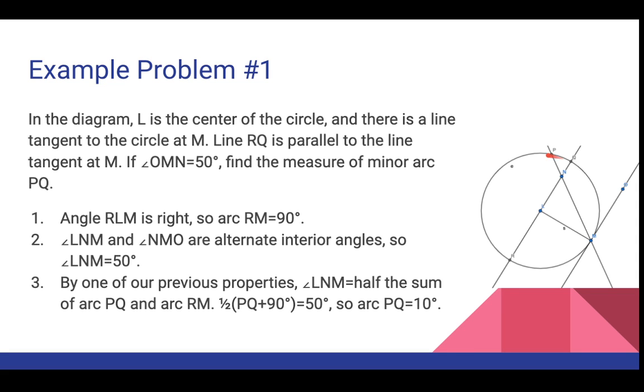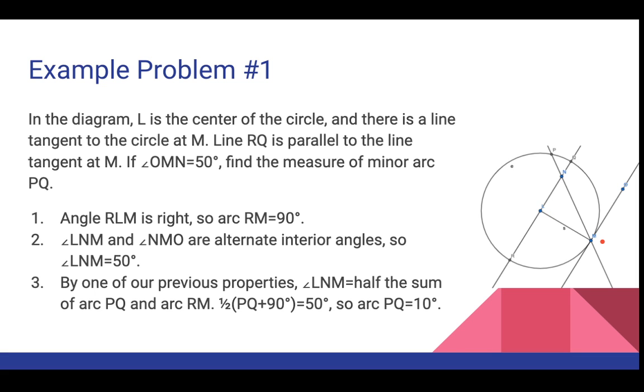So from the first bullet, first of all, from a property of a tangent line, if you draw the radius from the point of tangency, then the tangent line is perpendicular to the radius. So in this figure, we have that line MO is perpendicular to line LM.